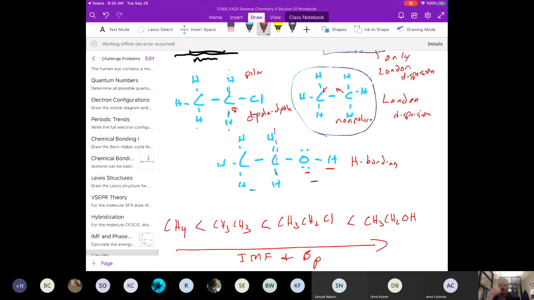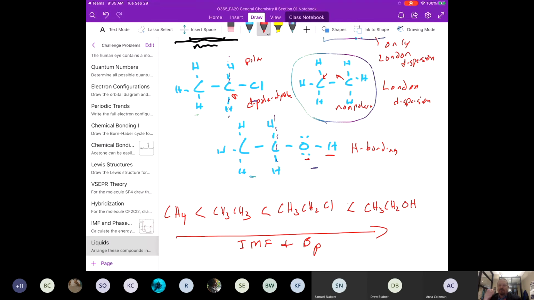So again, we're going all the way back to these Lewis structures to determine the shapes, whether they're polar or nonpolar. That's going to allow us to determine the intermolecular forces that are present, and that's in a lot of cases going to determine how strong these physical properties are, whether we talk about vapor pressure or viscosity. All of that is dependent on the intermolecular force that is present.